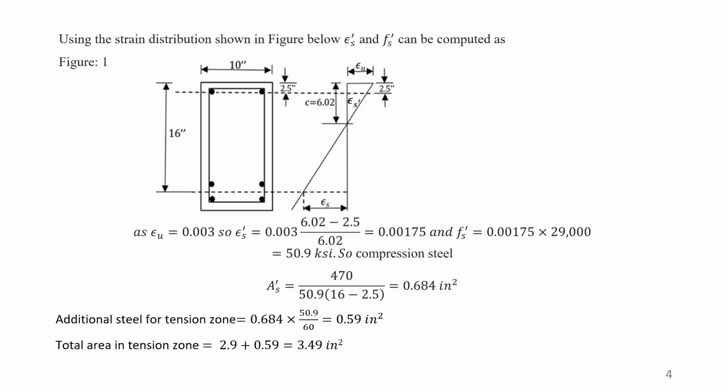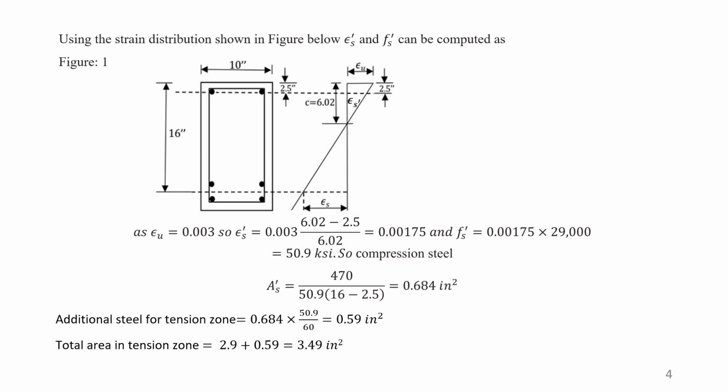inches square. That's why for the tension zone, the bottom of this beam, the area of steel required will be 0.59. At the top we use 0.684, and at the bottom, previously we calculated the moment as a singly reinforced beam.